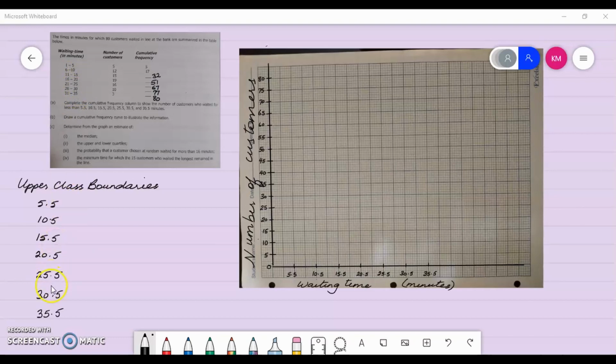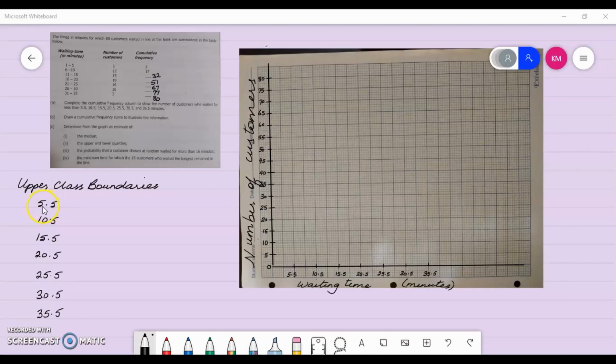So I have here now my upper class boundaries, and I'm going to be plotting that against my cumulative frequency. So as you can see, I labeled my x-axis with my upper class boundaries, so it's going to be easy for me to plot the graph.